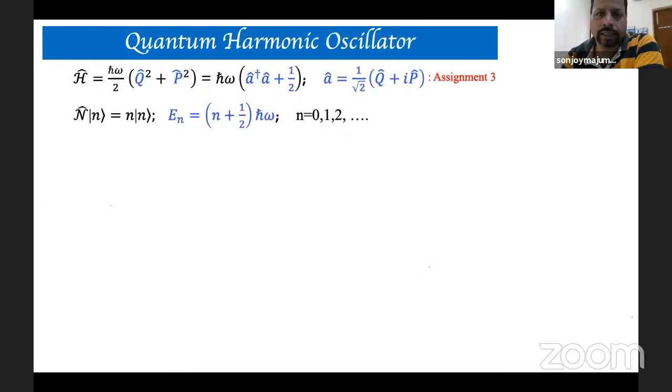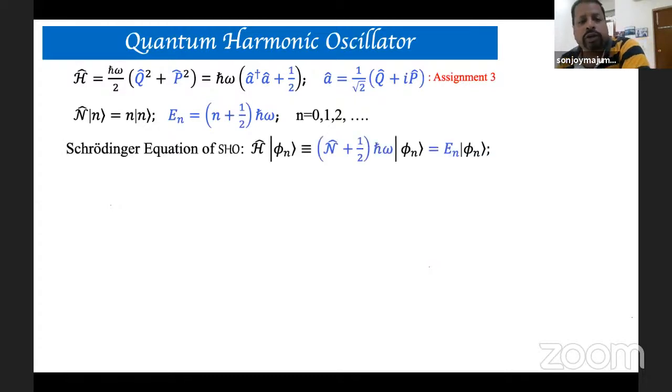Okay, so let me go on, and on the way we will be able to explain why A and A dagger are called the annihilation and creation operators. See, from the Schrodinger equation of the simple harmonic oscillator, if we write the Hamiltonian in this quantized form, that is h bar omega (a dagger a plus half), and we know that a dagger a is the number operator.